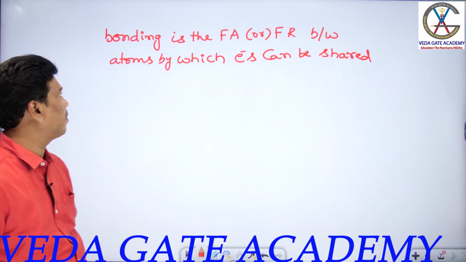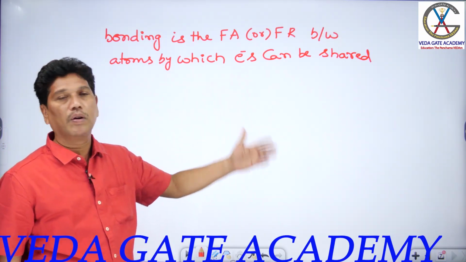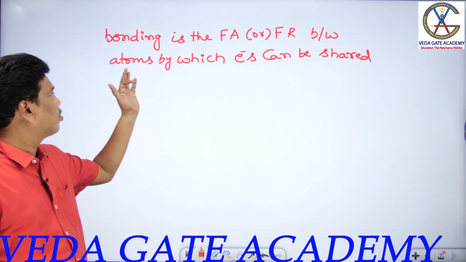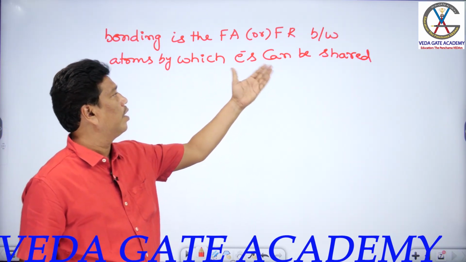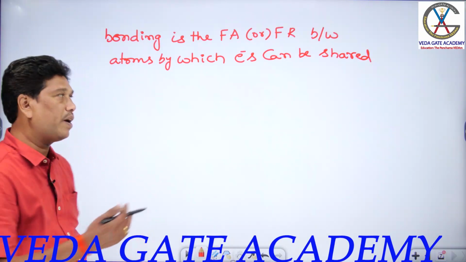Bonding is the force of attraction or repulsion between two or more neighbor atoms, by means of which electrons can be shared to make an atom stable.